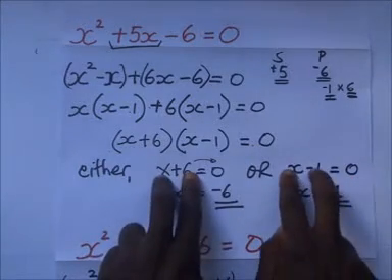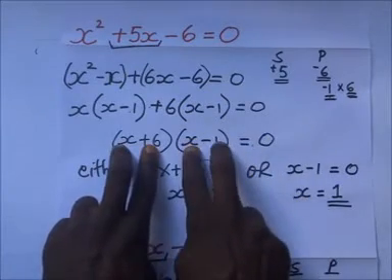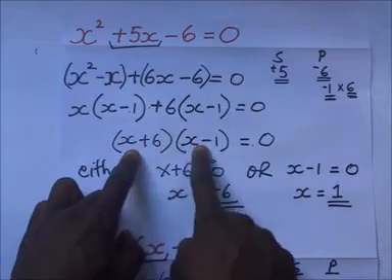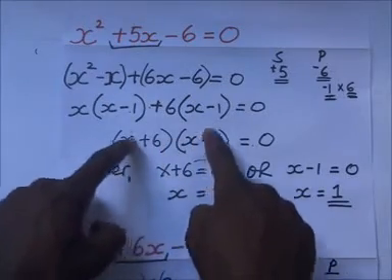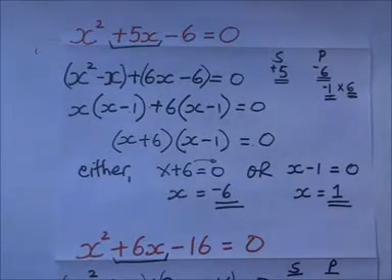Then these two brackets, you're going to multiply them because this times that is equal to 0. Now, when you multiply them, you get the first expression, which is that. We are going to demonstrate this with a few examples.